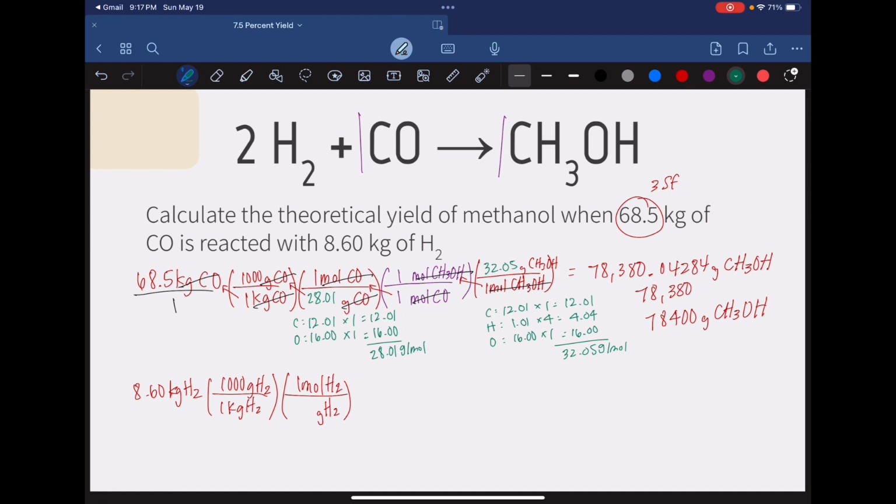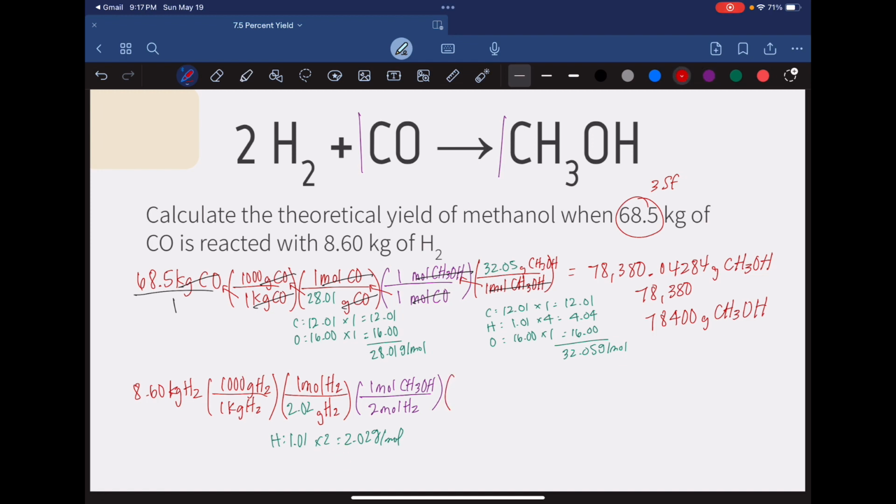And for hydrogen, it's 1.01 times 2, which is 2.02 grams per mole. So 2.02 is here at the bottom. Now I can put in my molar ratio. 2 moles of H2 at the bottom. 1 mole of methanol is at the top.